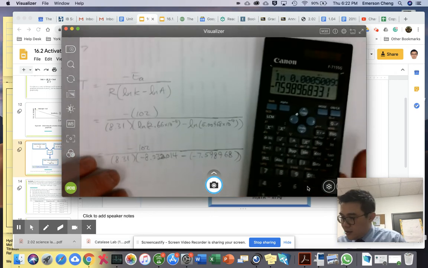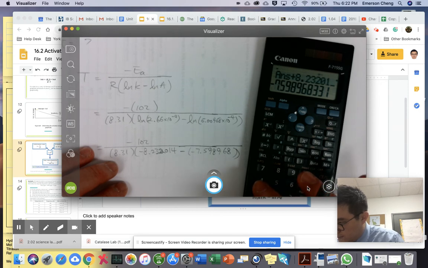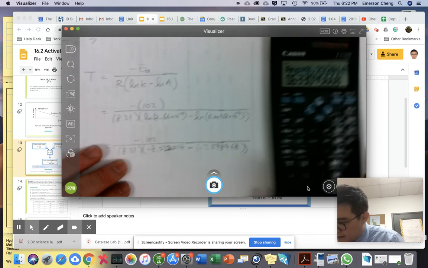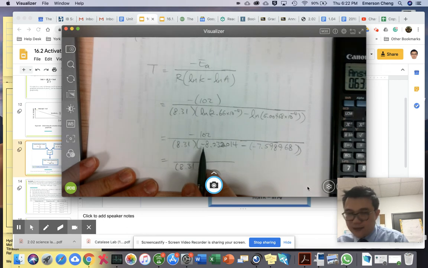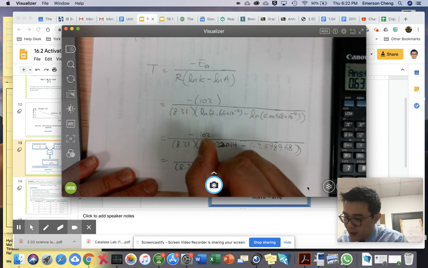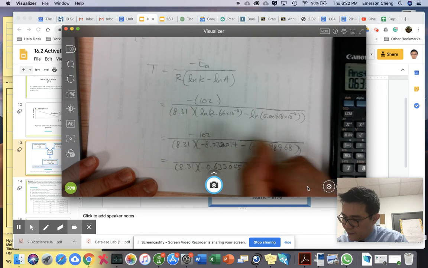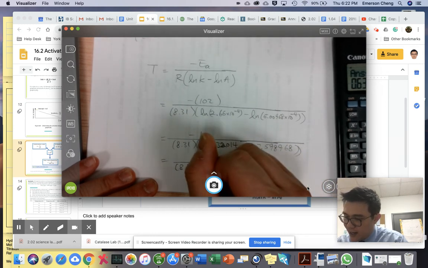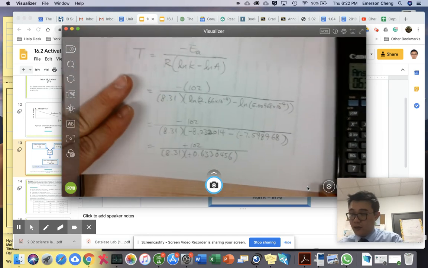So I'm just going to do 0.232014 and put a minus sign in front of it, because I know this is minus 8. This is plus 7 point something. It's going to be bigger, so it will be minus 0.6633045.6. Let's leave it at that. Minus 102. Now, minus and minus, we might as well get rid of it just to make the calculator work a lot easier.